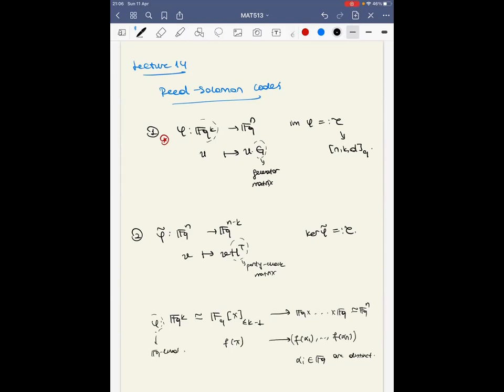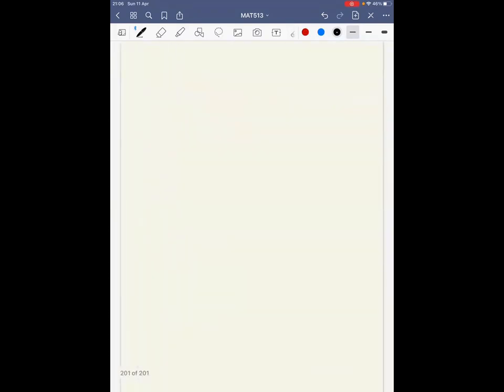But for the Reed-Solomon codes, we will represent these elements from the finite field in terms of the primitive element of the multiplicative group of the finite field FQ. So in other words, if you consider the non-zero elements from FQ, its size is obviously q minus 1.